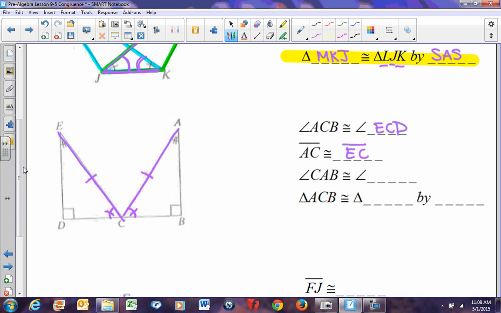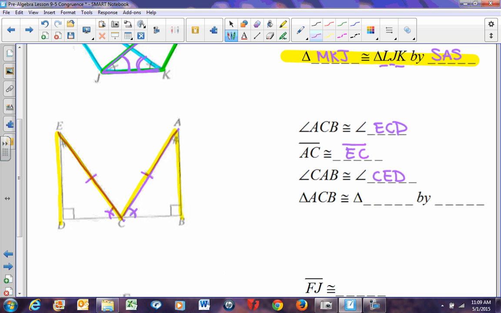Angle CAB, I'm going to use a highlighter for that one. Angle CAB has two little hash marks through it, so that's got to be CEB. So that's angle CEB. Now, if we look at this, it's saying triangle ACB.